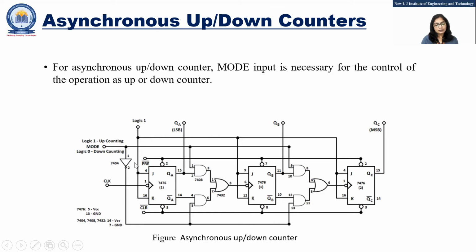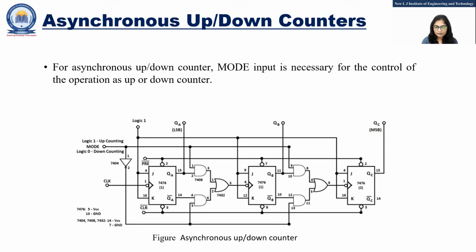Okay. So suppose I am going to use this circuit as an up counter. Meaning counting must start from 0, 0, 0. So initially I will clear the flip-flops. That's why it will count from 0, 0, 0, then 0, 0, 1, then 0, 1, 0, up counting.